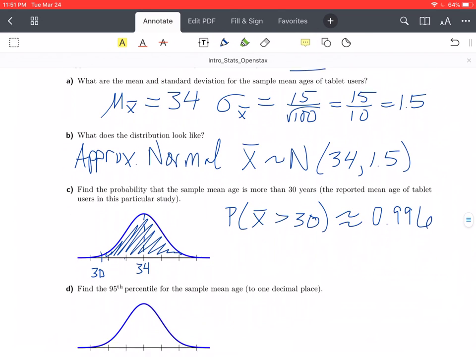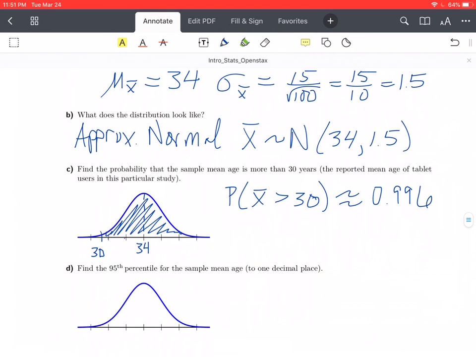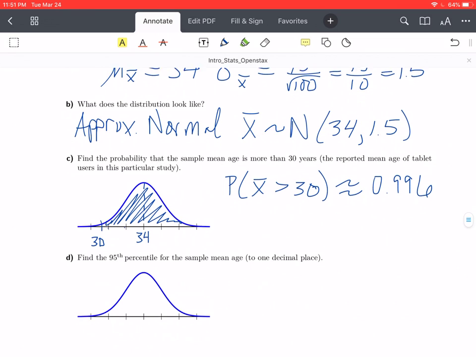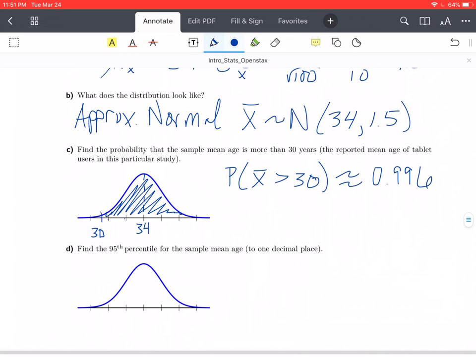Okay. And then the last part here, it says find the 95th percentile for the sample mean age to 1 decimal place. So the 95th percentile, this is whatever data point it is up here, so we'll call it x naught, such that all the area beneath it is 95%. Right, 95th percentile meaning you are higher than 95% of every other value.